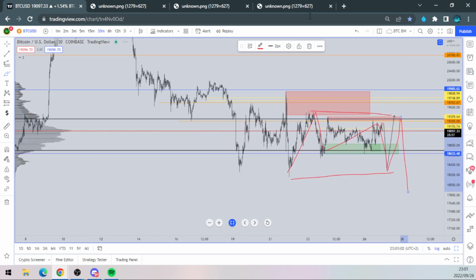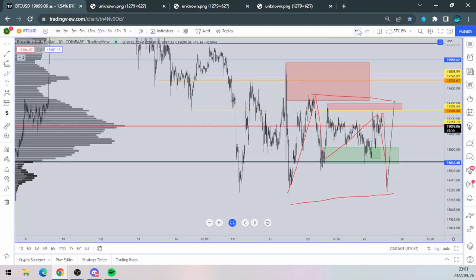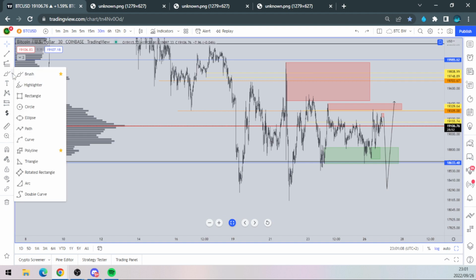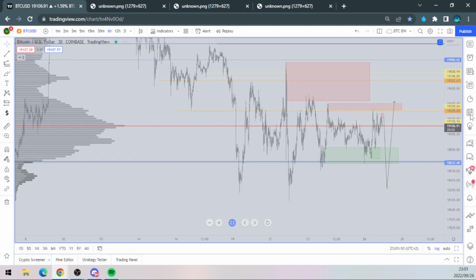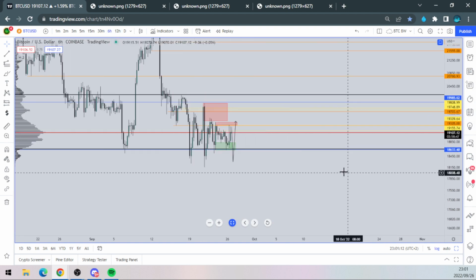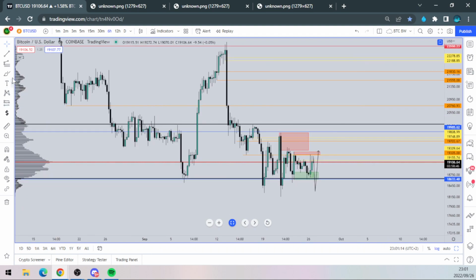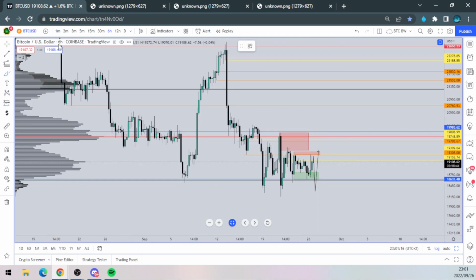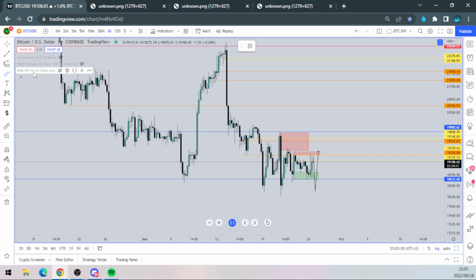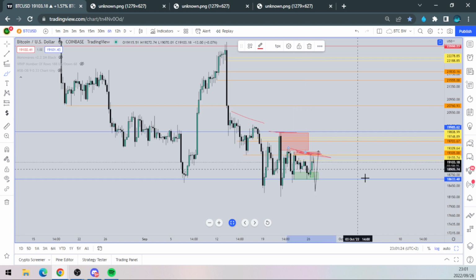So what all of this is creating and leaving behind for us later on, let's just go to a higher time frame here. It's leaving a whole lot of liquidity, right? An inducement. So we have inducement there, liquidity there, there's liquidity above here, and then at this flat there'll be liquidity.